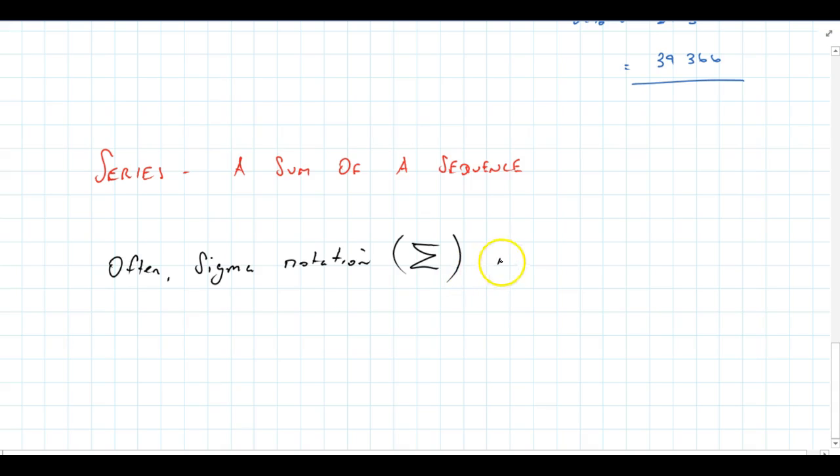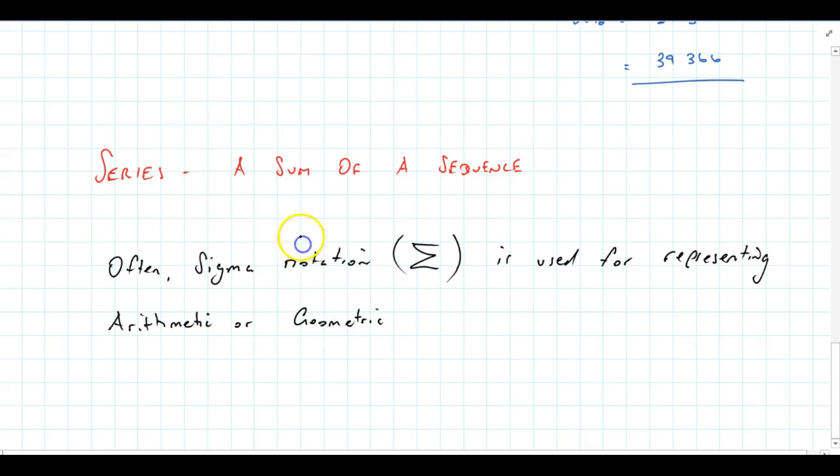Sigma notation is used for representing arithmetic or geometric series. So remember, a series is a sum. Okay.